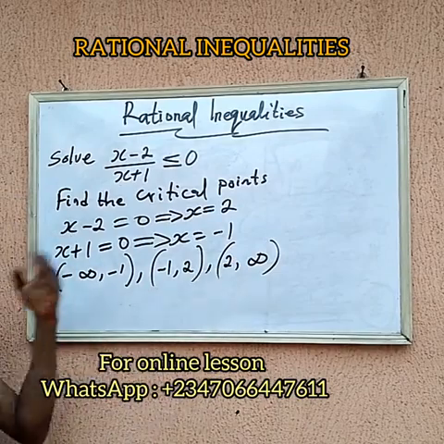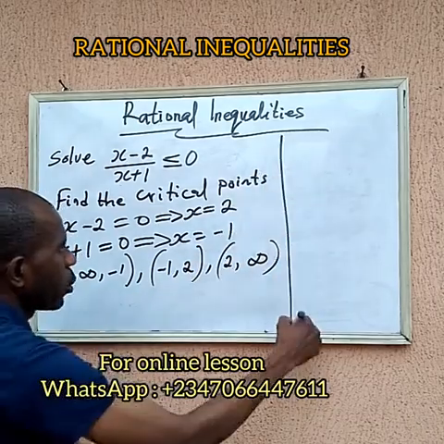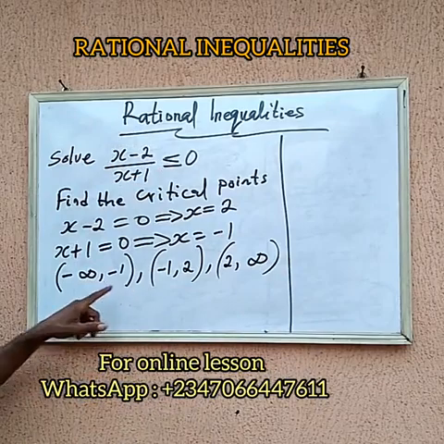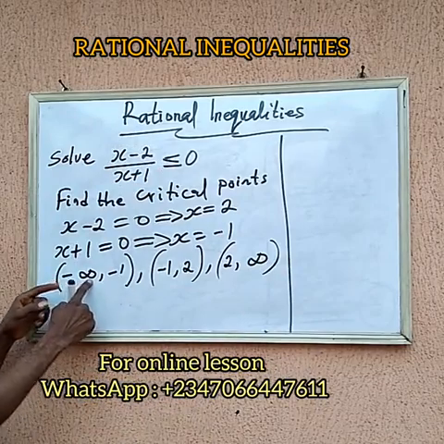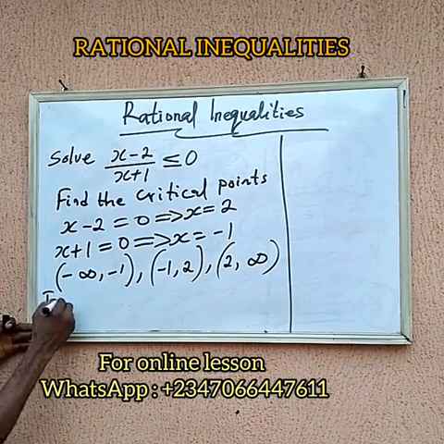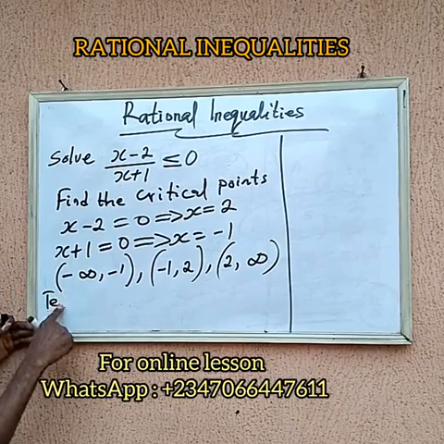So we are going to test this first interval here, where we have negative infinity to negative 1. We are going to test for x less than negative 1. That is where we want to test now.